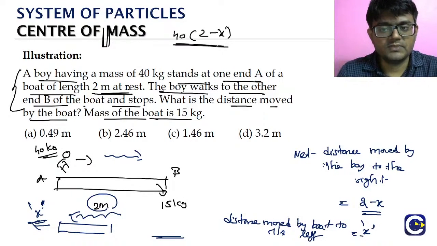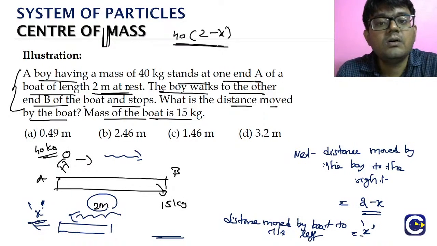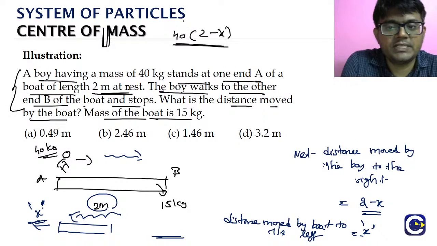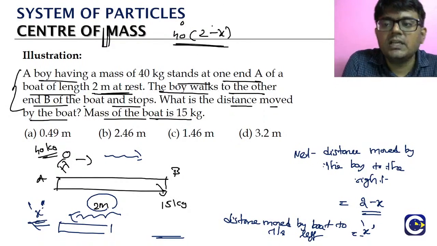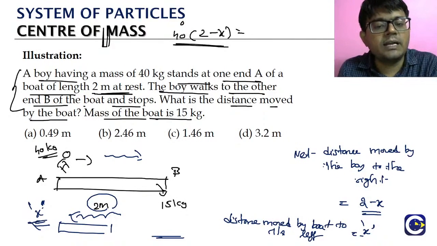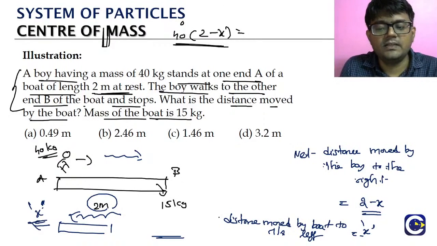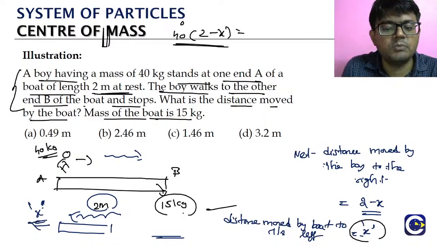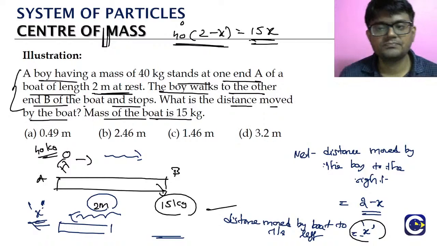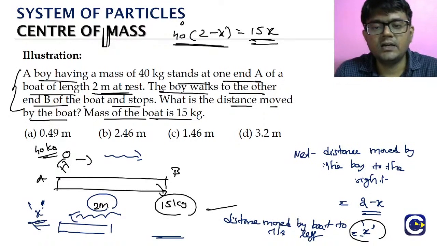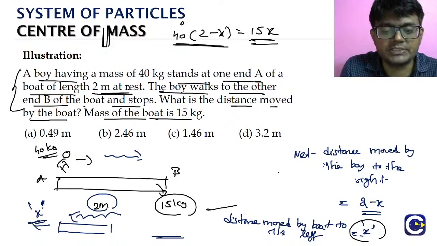The moment of mass created by the movement of the boy to the right is the mass of the boy times the distance moved towards the right side. That should be equal to the moment of mass created by the movement of the boat to the left side. The boat is moving to the left by a distance x, right. What is the mass of the boat? 15. That should be equal to 15 times x.